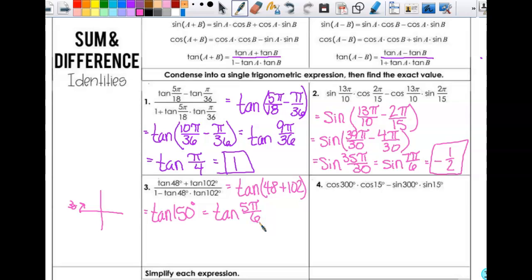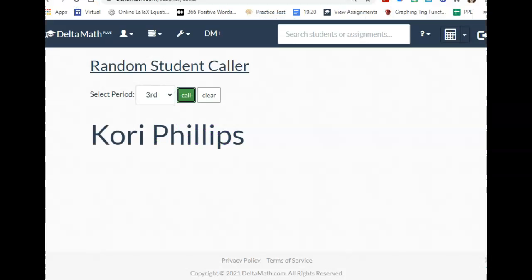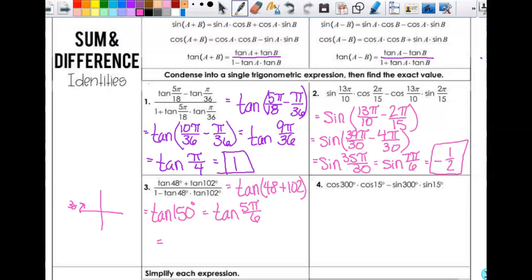And then the tangent of 5 pi over 6 is something we should know. Nabil, what is the tangent of 5 pi over 6? I don't remember that part. Okay, so what quadrant are we in? We're in the second. And in the second quadrant, is tangent positive or negative? Negative. Then I really just need the tangent of pi over 6.